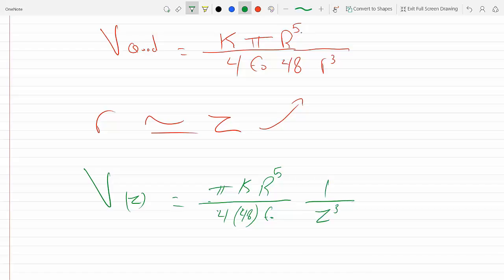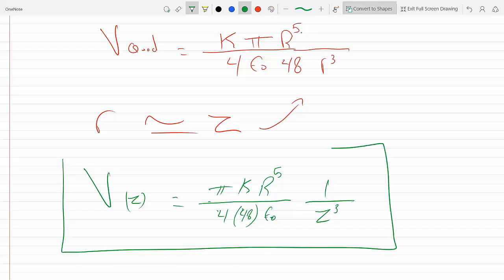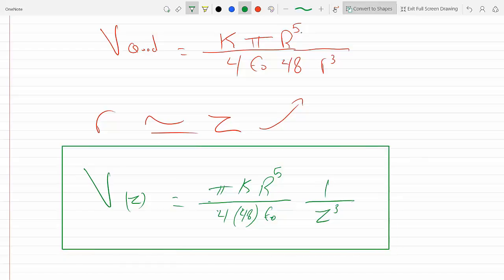There you go. So this is approximating the potential. Did I forget the 48? No, I have the 48. No? And this guy here is the potential of this charge distribution.